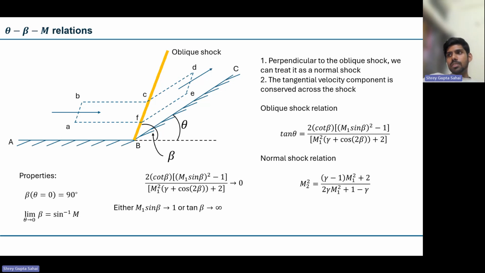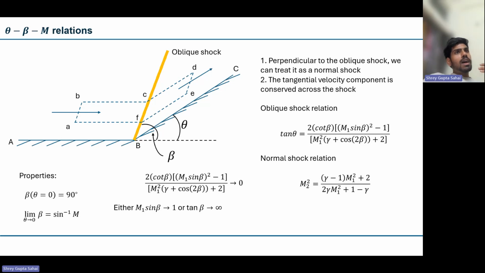So we will see what happens when beta is tending to sine inverse of 1 over M1. What we will see is M2 will also be roughly M1. That is what we will see, because again, think about it, perpendicular to the Mach wave, Mn1 will be tending to 1.